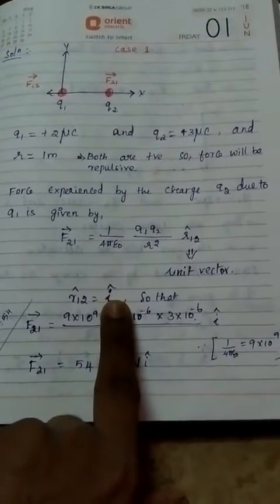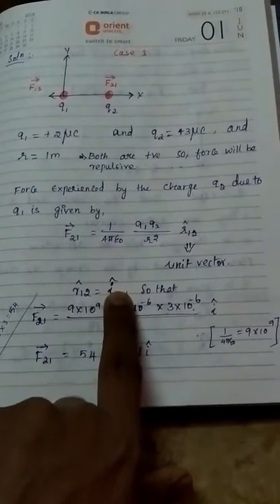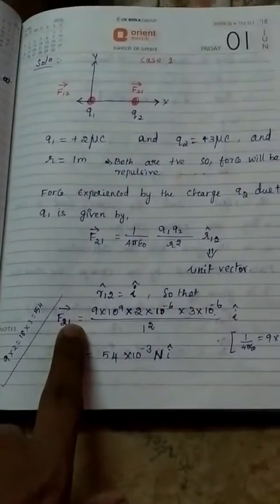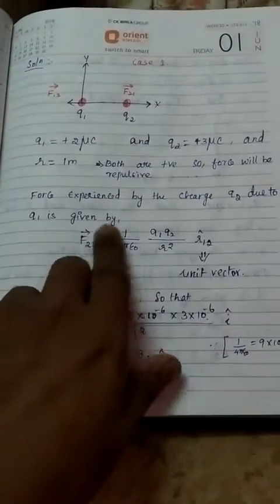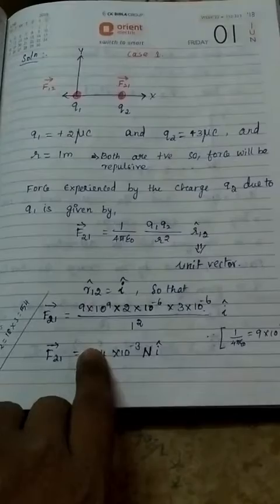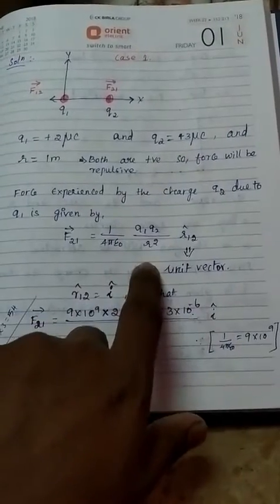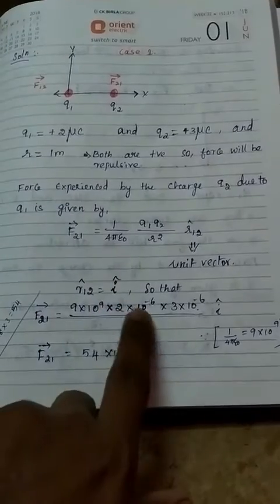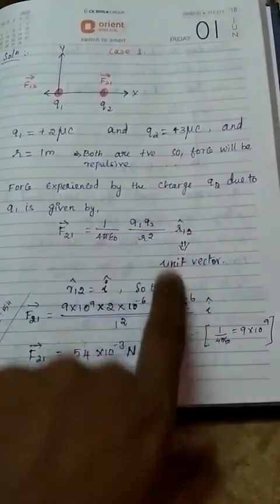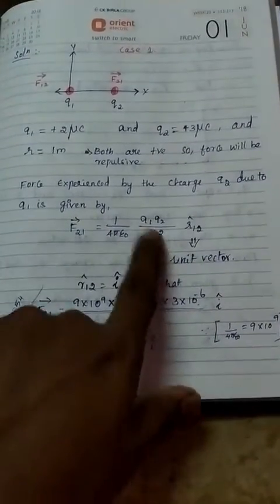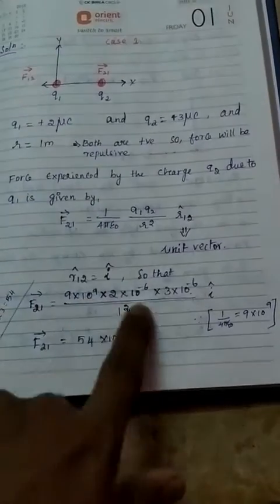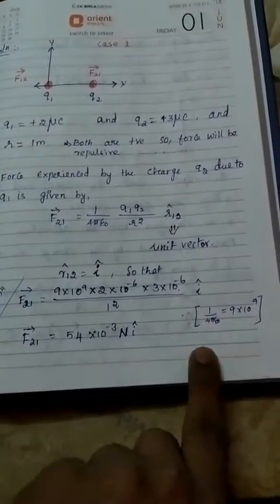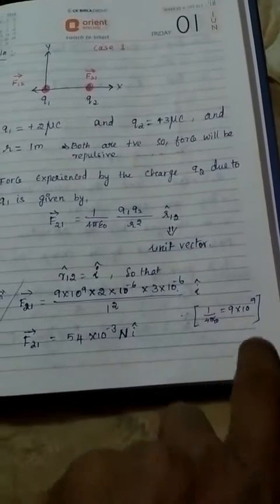So F21 = 9 into 10 power 9, into 2 into 10 power minus 6, into 3 into 10 power minus 6, divided by r square, which is 1 square equal to 1, into i cap.